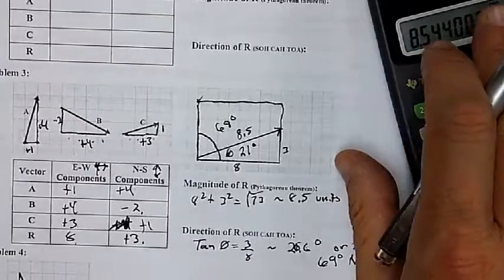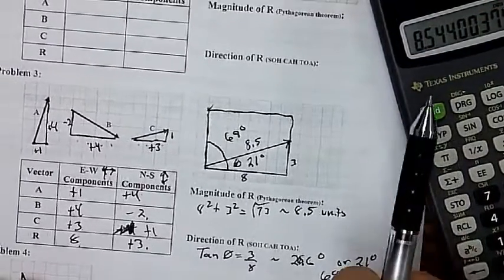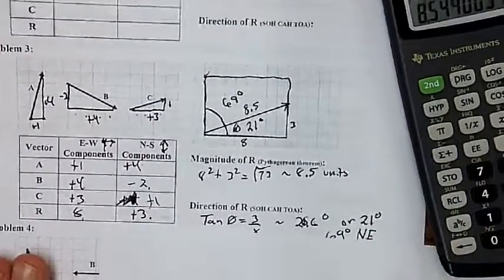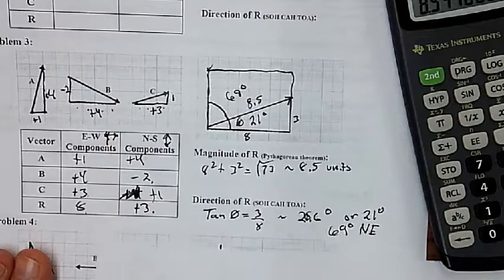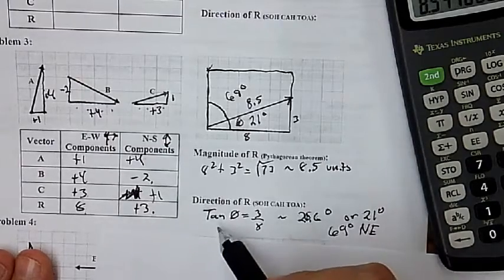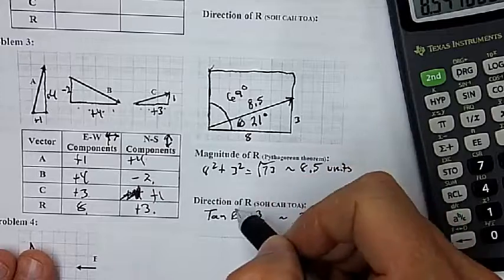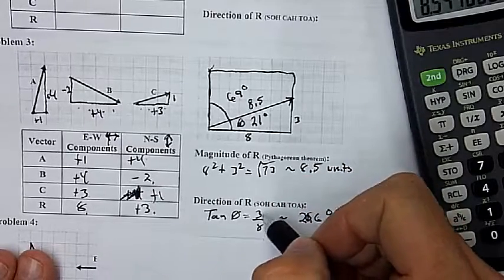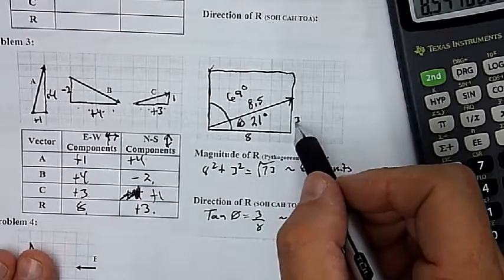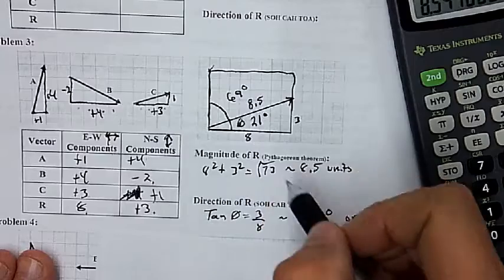Now remember SOHCAHTOA, what I showed you guys in class today. Tangent of this angle here, tangent theta, is going to be equal to 3, the opposite side, over 8, the adjacent side.